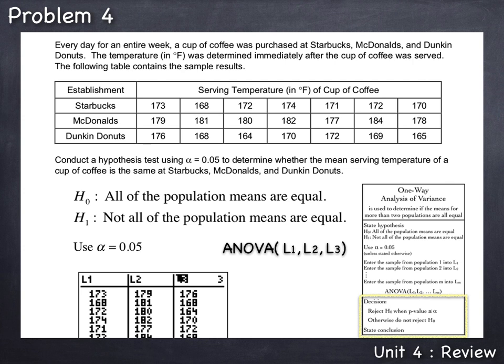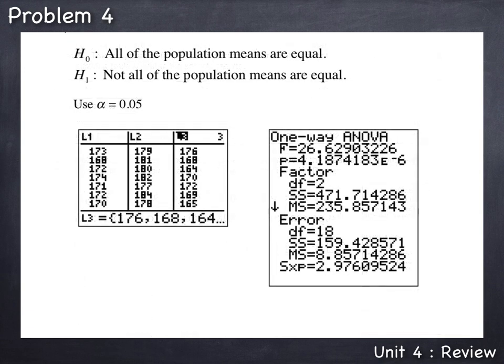So looking at the TI-84 screen, we can see the p-value. In this case, the p-value was 4.187 E minus 6. The E minus 6 is telling us that the decimal place displayed between the 4 and the 1 needs to be moved 6 places to the left, or the negative direction. All the leading blank decimal places need to be filled with 0 because there are no digits there.